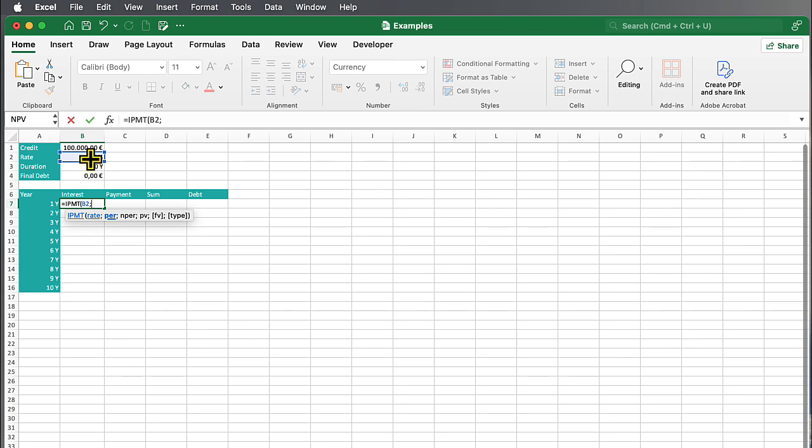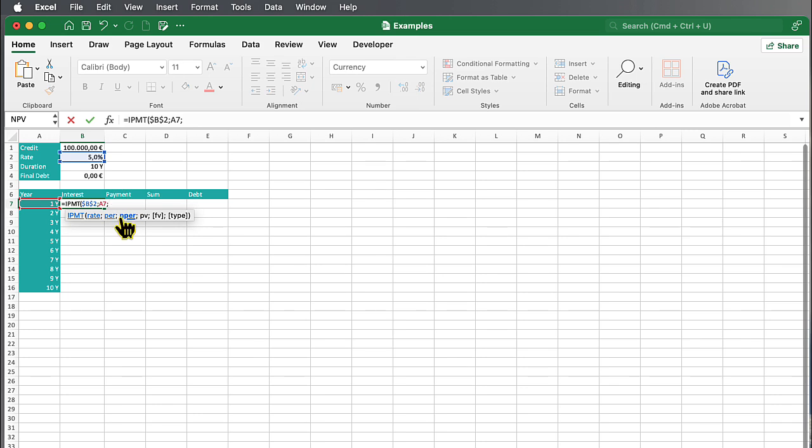So is it the first payment, the second payment, and so on, which you can see here. It's A7, and if you later autofill down, it will change from 1 to 2 to 3 and so on. Accordingly, we have to make sure that this one is fixed, so we put in the dollars.